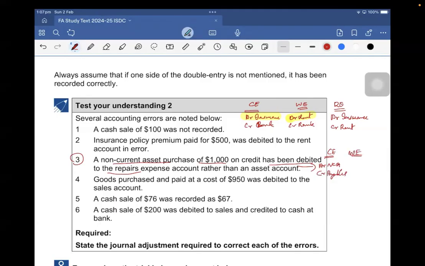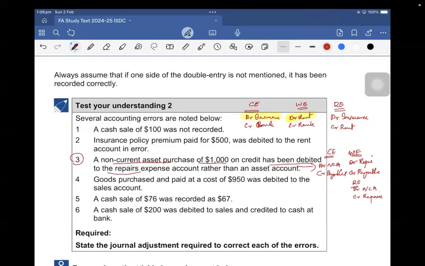The wrong entry they took in was debit repairs and credit payables. So how do you correct this? They have unnecessarily debited repairs, so you credit repairs and debit NCA.